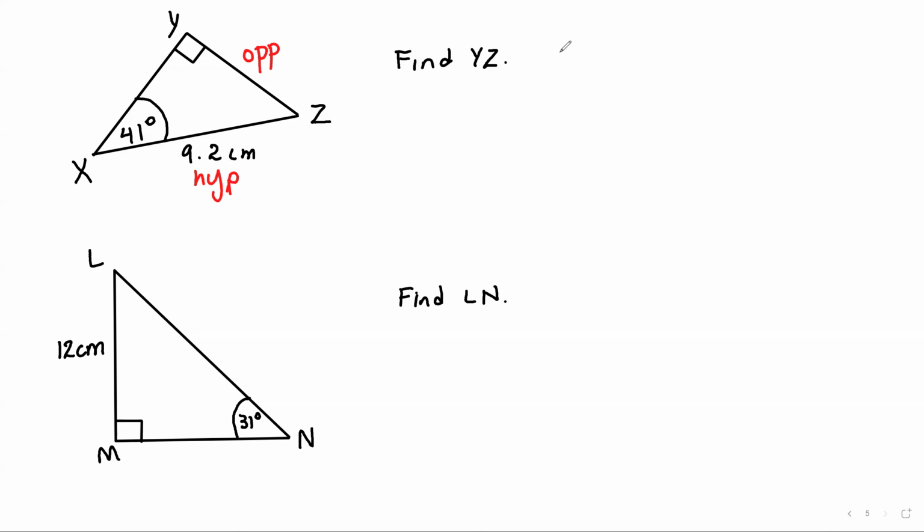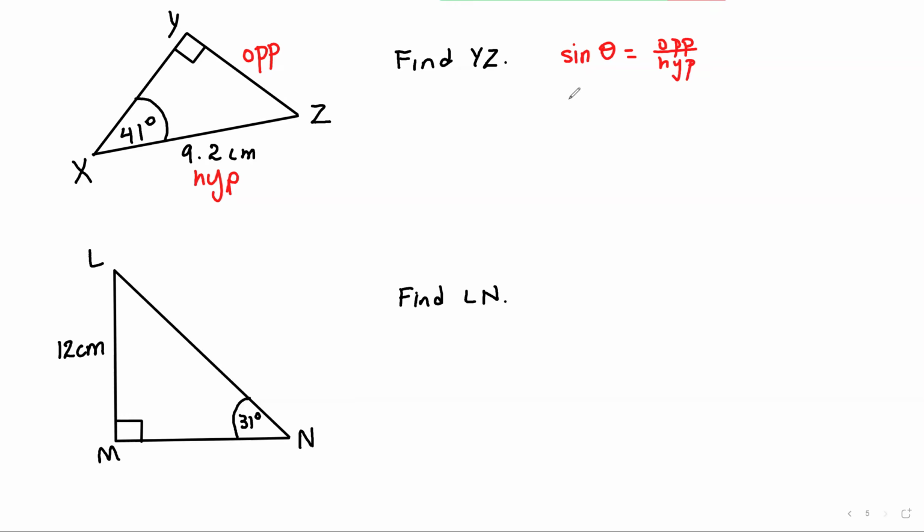Correct. So which ratio is that? That one is sine. Opposite and hypotenuse. Yes. So sine theta is opposite over hypotenuse. And then what is the next step?